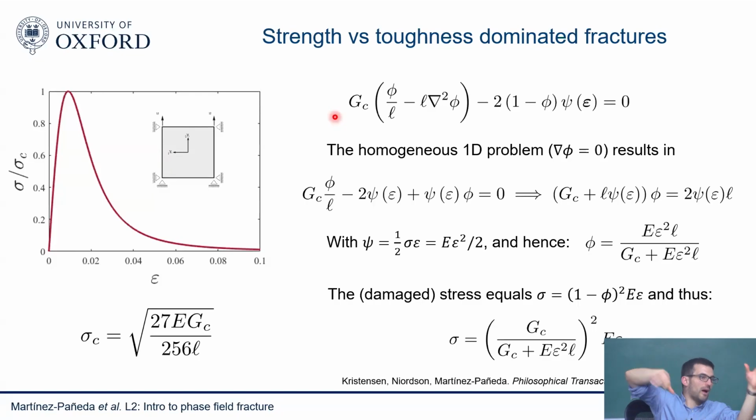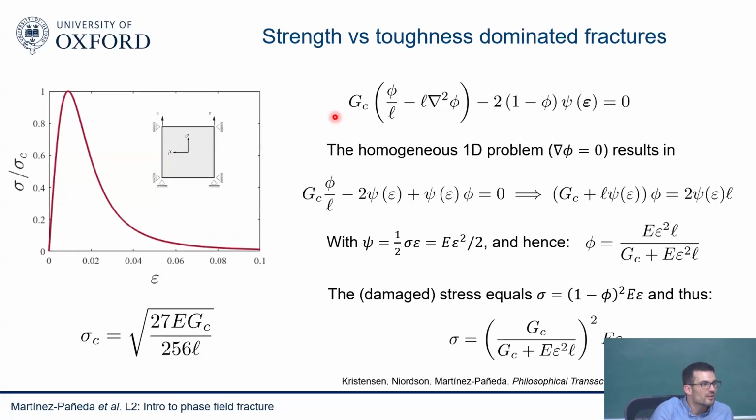Because everything is homogeneous, phase field is equal to 0 at the beginning, but it will start evolving until it gets equal to 1. Then you can plot it: the phase field goes from 0 to 1, and the stresses will do something like you see there. So it's a homogeneous problem, solving one element where you don't impose any non-uniformity, and you just pull.